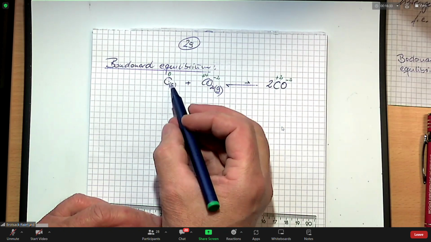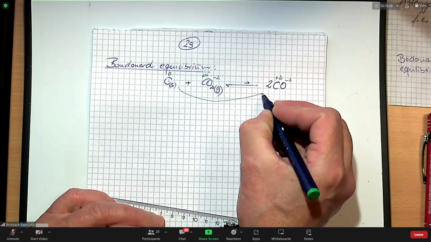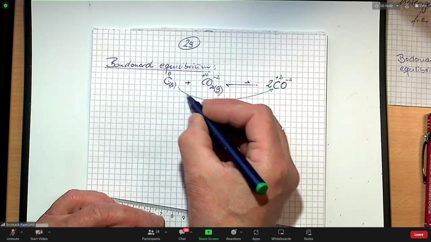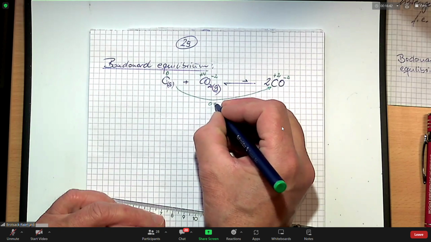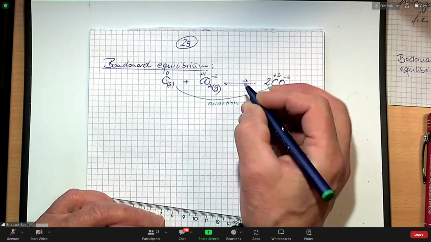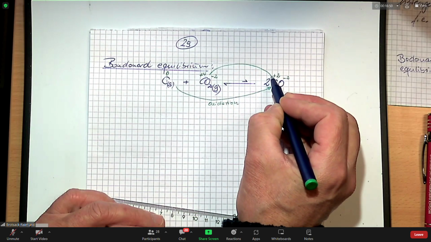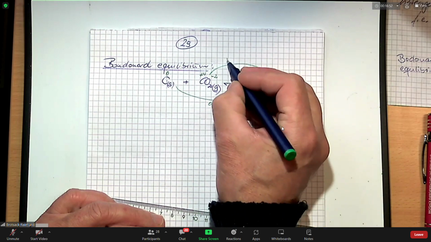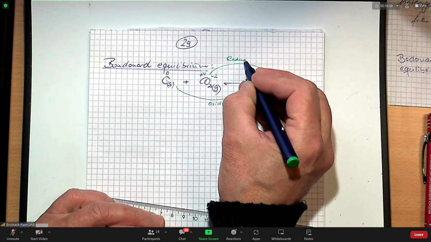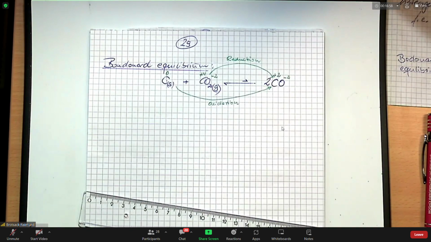So this one, coming over here, is an oxidation. And that carbon, in the same way, is a reduction, because we have 2 different CO molecules.